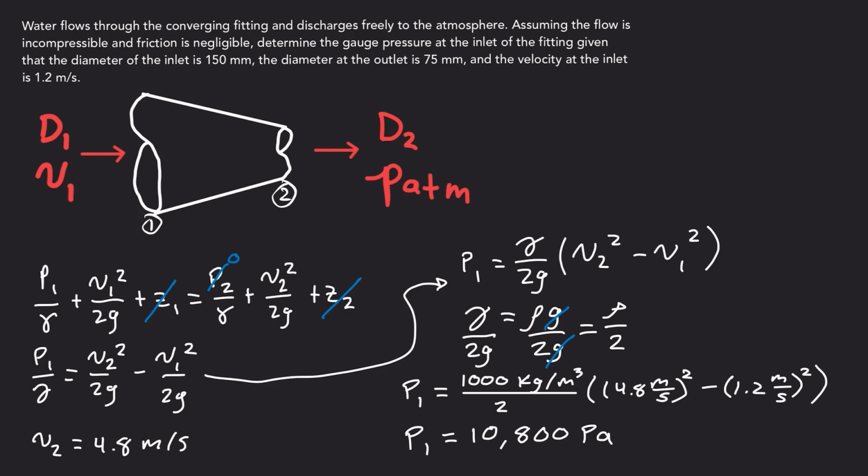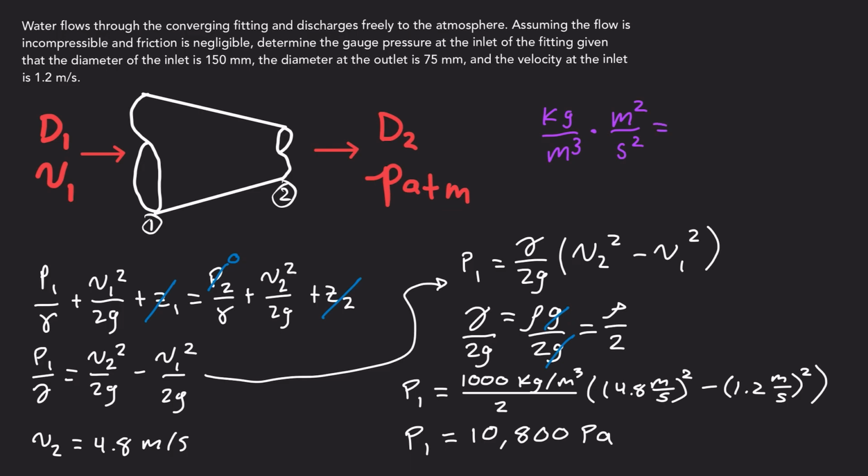So essentially in our pressure equation we have kilograms per cubic meter in this term, square meters over square seconds in this term, and also square meters over square seconds in this term. So our units are this for P1.